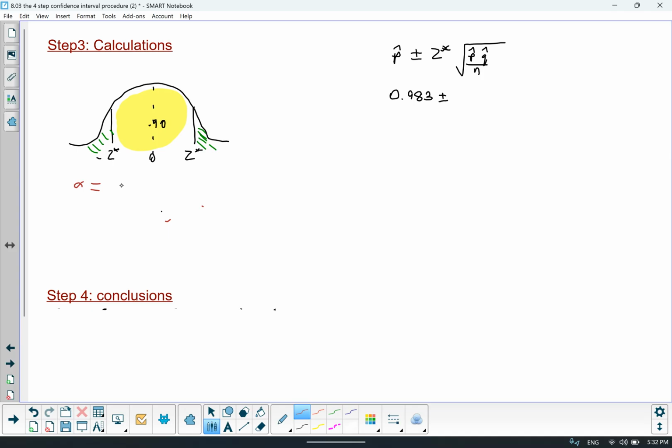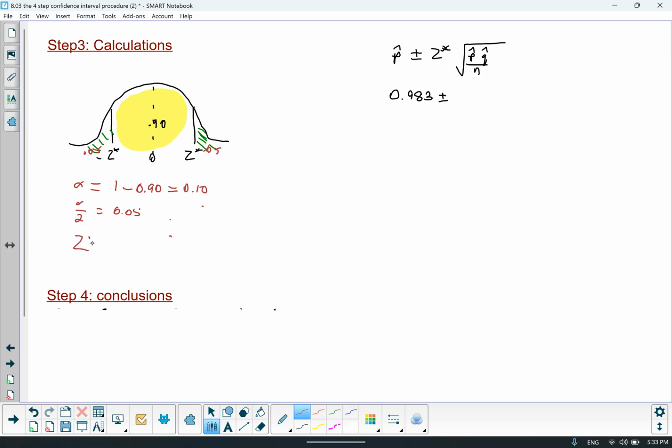I'm going to calculate alpha. The whole normal curve, the area is 1. So I'm going to subtract 1 minus the middle 90%, and that's going to give me 10%. And since those two areas are the same, I'm going to divide it by 2. So you get 0.05. And so that's the area here, and that's the area here.